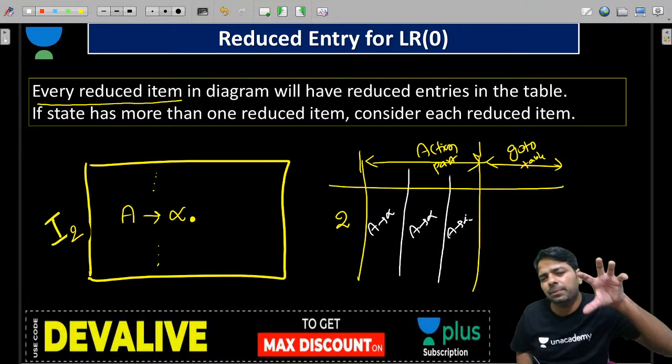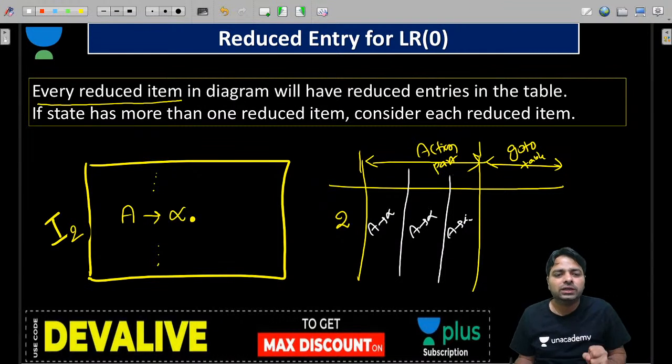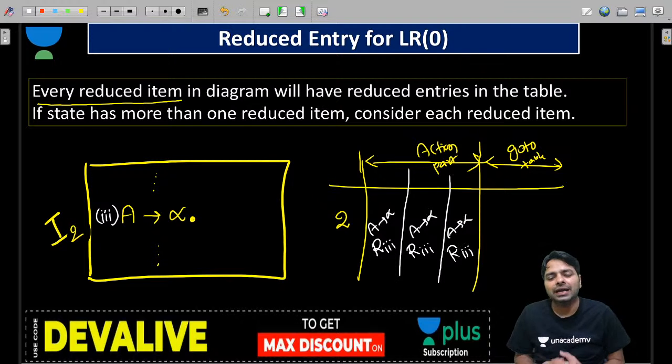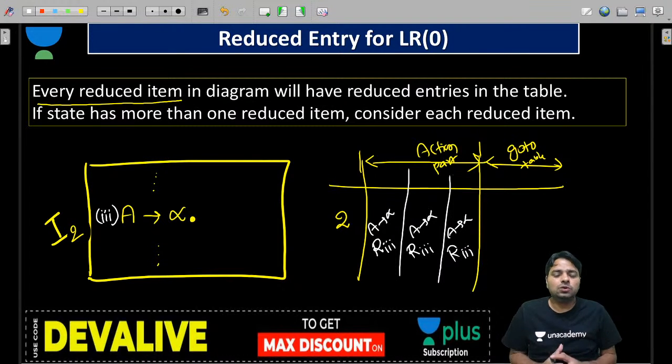Guys, writing the production is too difficult. So what we do here is number it. In the grammar, we may number the productions. Let's say this production is number 3. So you can write simply R3, instead of writing the whole production. That means production 3 is reduced. Is that clear? So production 3 is used for the reduction.